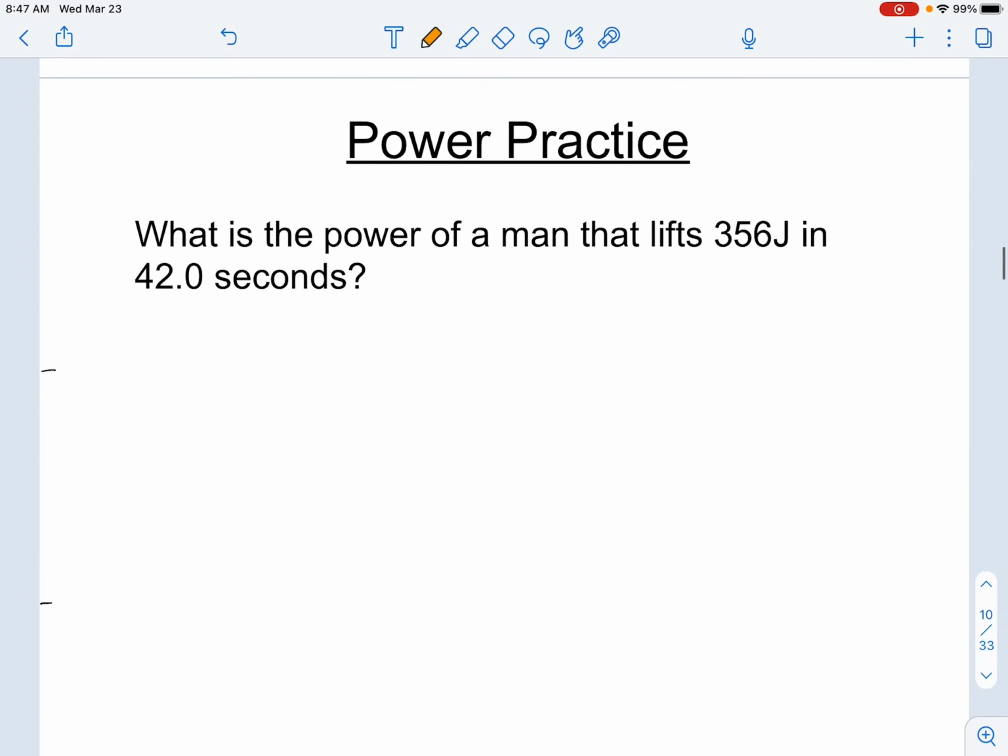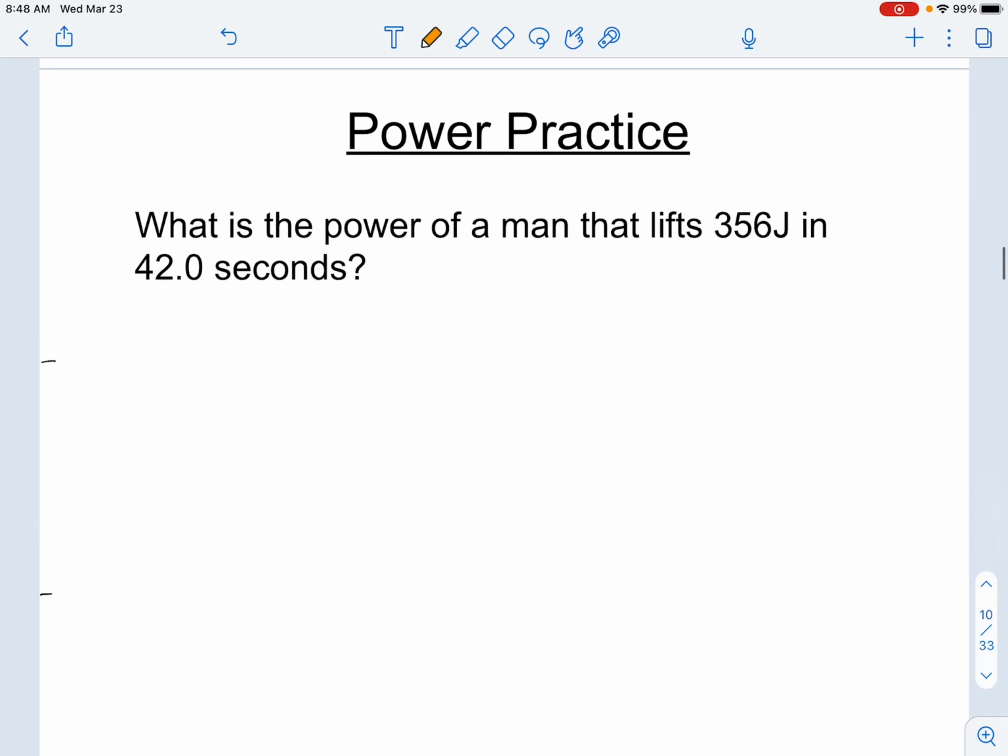All right, now let's look at some power questions. What is the power of a man that lifts a 356 joules in 42 seconds? All right, so we're going to list our givens.